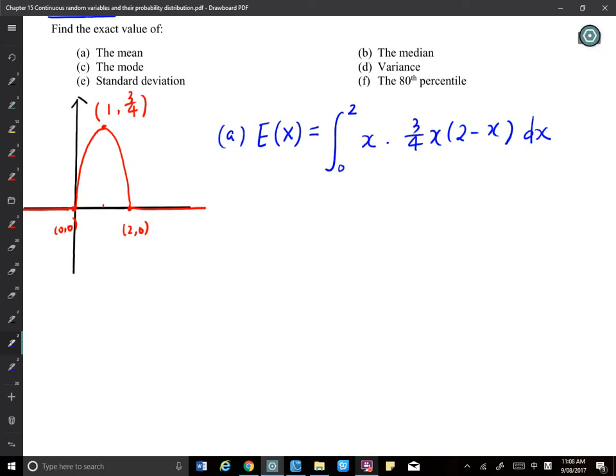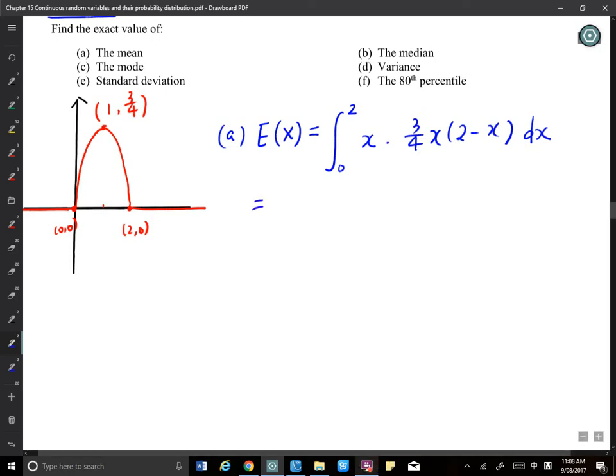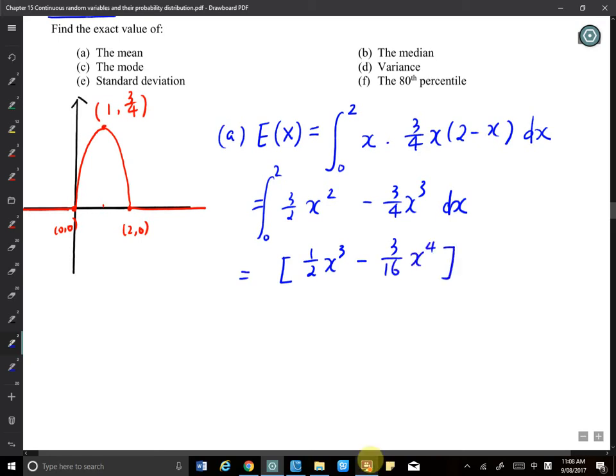That's part 1 exam. There's no CAS available on that. It's a very easy polynomial equation, so easy to integrate. So we have 3 on 2 x squared minus 3 on 4 x cubed dx. And we have 1 on 2 x cubed minus, divide by 4, 3 on 16 x to the power 4, from 0 to 2.